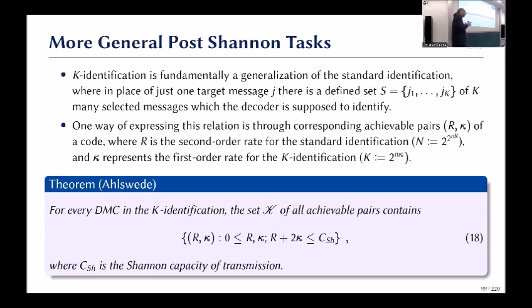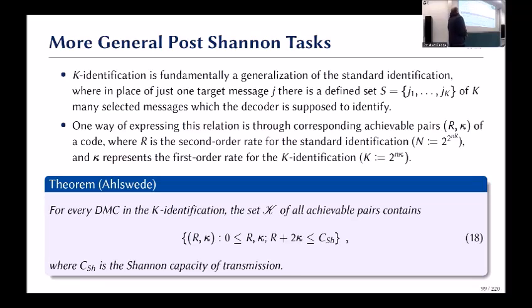If you look at this in a goal-oriented way, he is interested in K properties. And we express this by looking at achievable rate pairs R and kappa, where R is the second order rate, again 2 to the 2 to the NR, and kappa represents the first order rate for K identification.